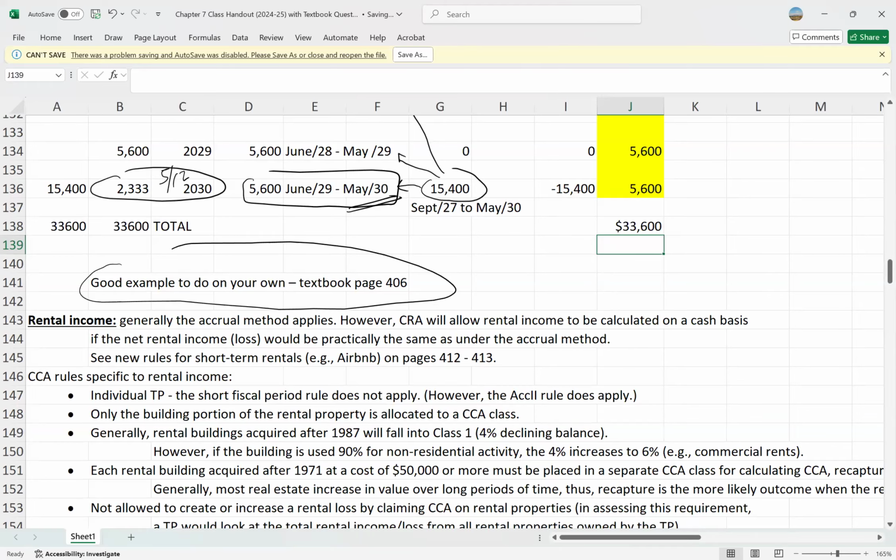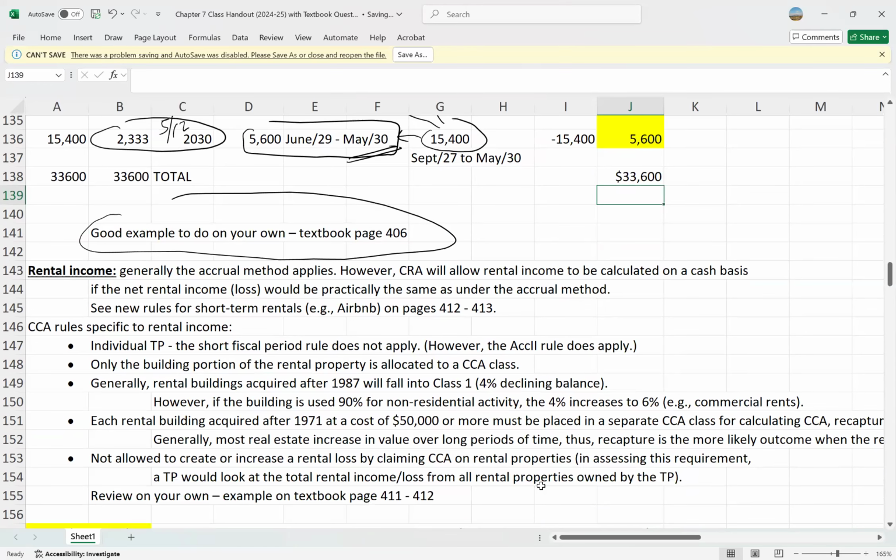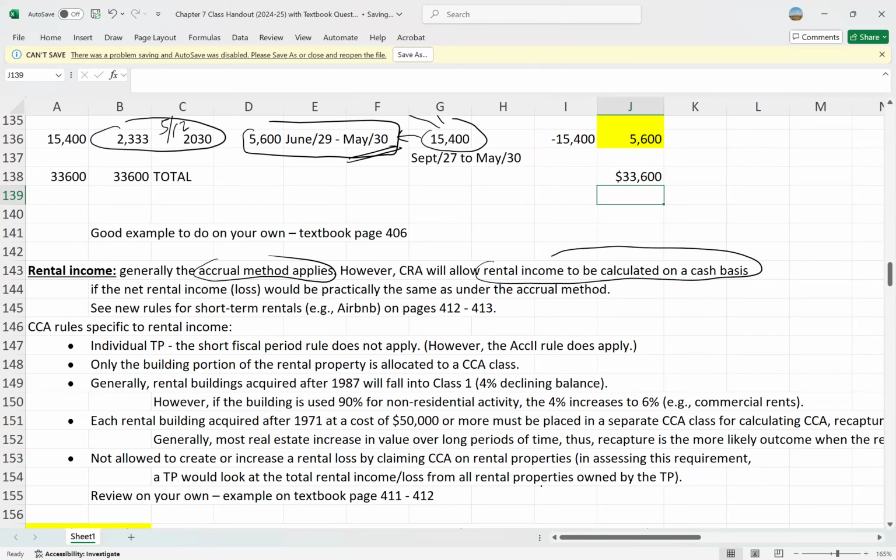Now we're going to move to rental income. With rental income, generally the accrual method applies. However, in the CRA rental income guide, they do say that you can calculate rental income using the cash basis, provided the amount would be very similar under the accrual method.